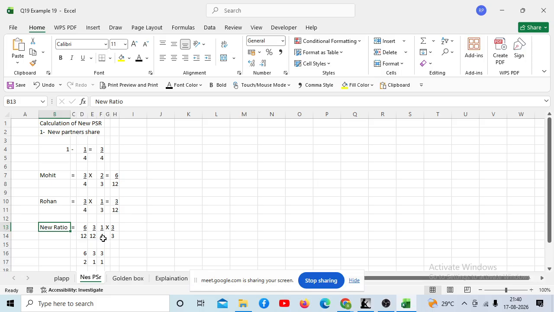This fellow has in the denominator t-shirt number 12, this fellow is also having t-shirt number 12, but the third fellow is having t-shirt number 4. So to make it 12, what will we do? Multiply by 3. The same number you have to multiply on top also. Okay, all these 12 are common. So now the ratio will be 6 is to 3 is to 3, which can be further reduced to 2 is to 1 is to 1.